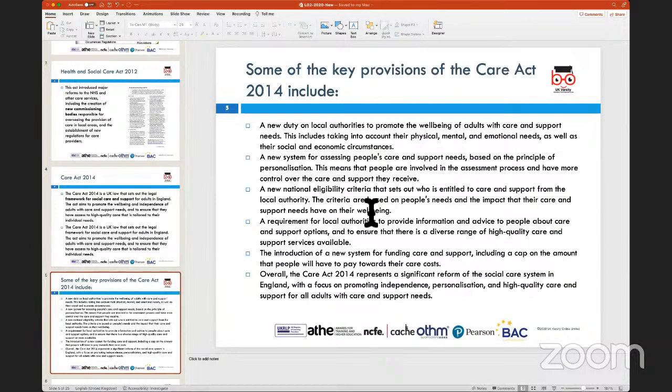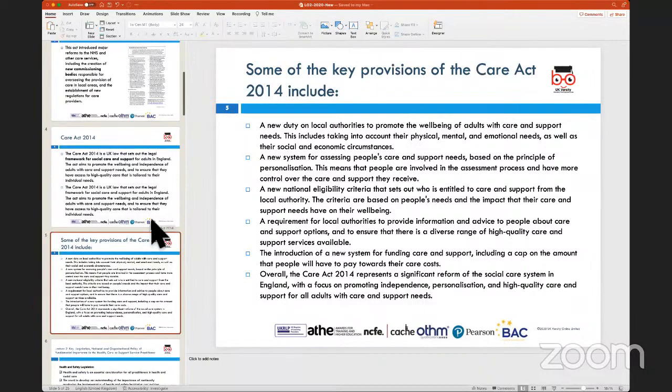This act obviously involves local authorities, and it makes their role critical in terms of ensuring that anything related to a person's support, whether physical, mental, or emotional, takes into account the social and economic circumstances of the individual when planning for these support services to be delivered to members of the public.